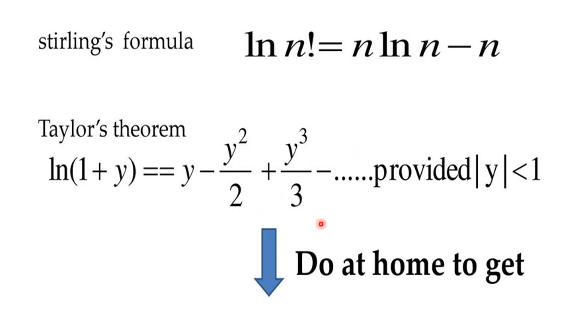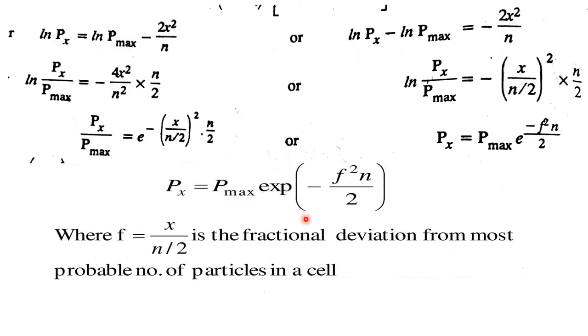So please solve this equation to get log of px is equal to log of p maximum minus 2x square divided by n. That means when we solve the last three terms, applying the Stirling formula and Taylor's theorem, we'll get minus 2x square divided by n from there.